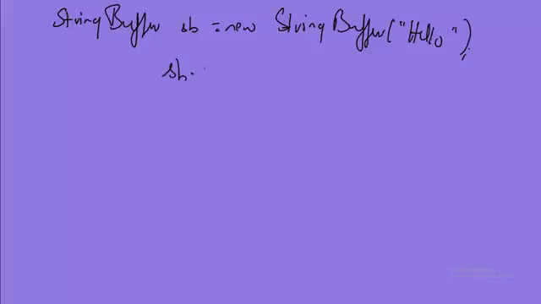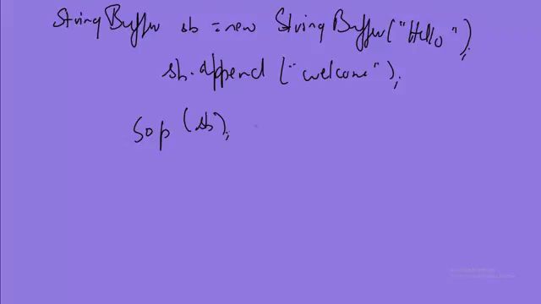SB dot append of welcome. When I do this, SOP of SB prints hello welcome, but it will be appending to the same memory location. No one more memory location will be created.